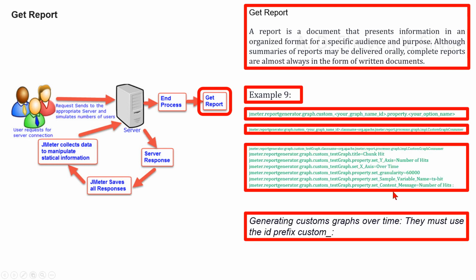Now we are considering generating custom graphs over time. They must use the ID prefixed custom_. You can graph any sample variable in the CSV over time. You can customize your graph by setting their properties in the user.properties file. They must use the ID prefix custom_.